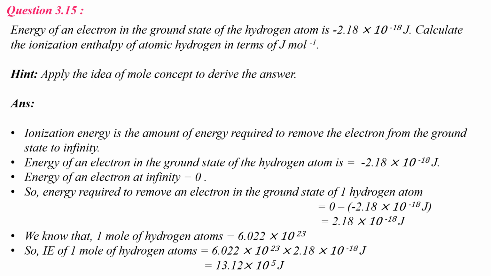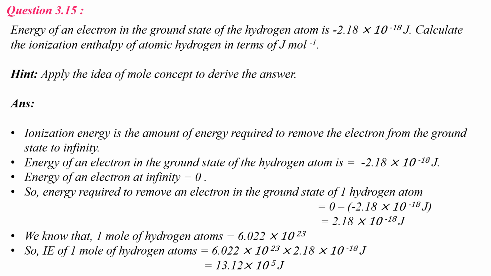So what is the energy required to remove an electron in the ground state of one hydrogen atom? You need to find out the difference between the two states: the energy of the electron at infinity minus the energy of an electron in the ground state. When you do that, you get the answer 2.18 into 10 power minus 18 joules. We know that 1 mole of hydrogen atoms is equal to Avogadro number, 6.022 into 10 power 23.